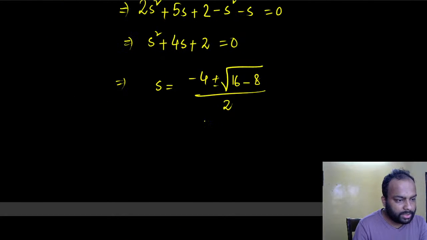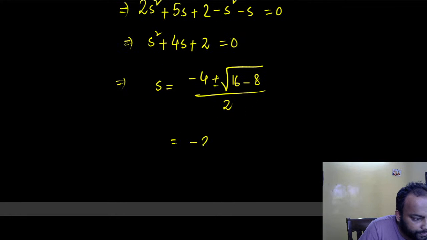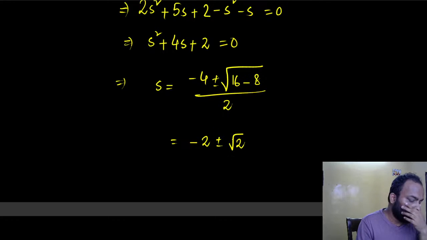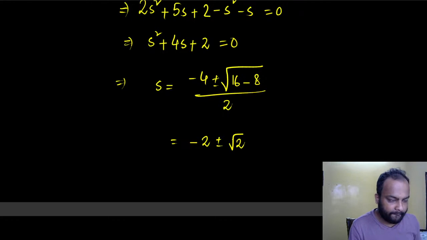All right, so these are at minus 2 plus minus, so root 8 means 2 root 2, and so that's going to be root 2. So minus 2 plus minus root 2, right?